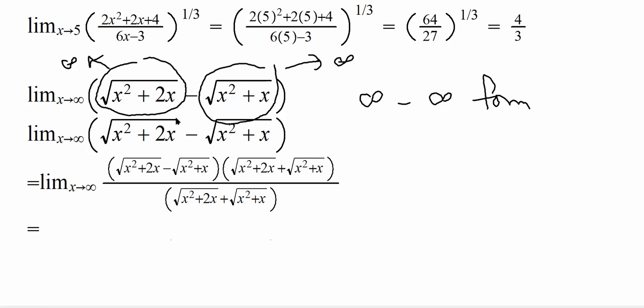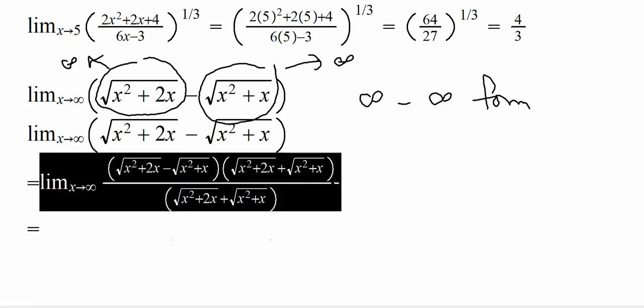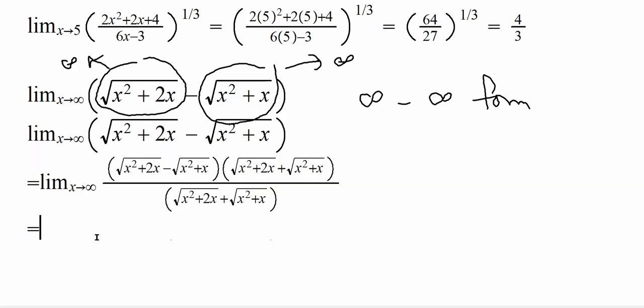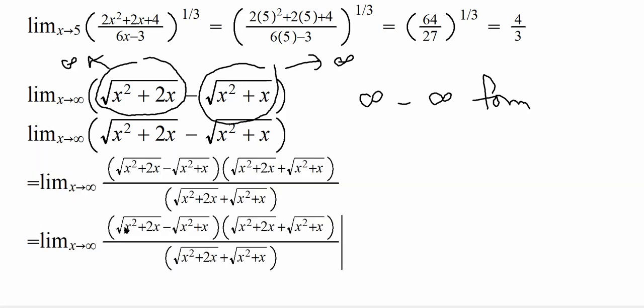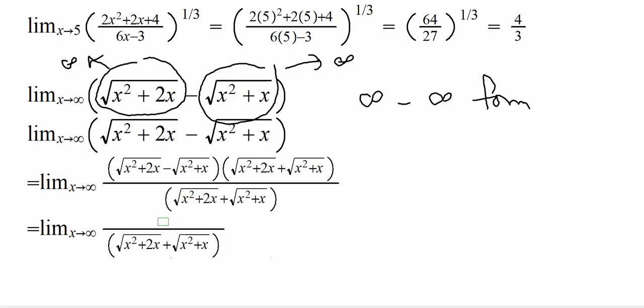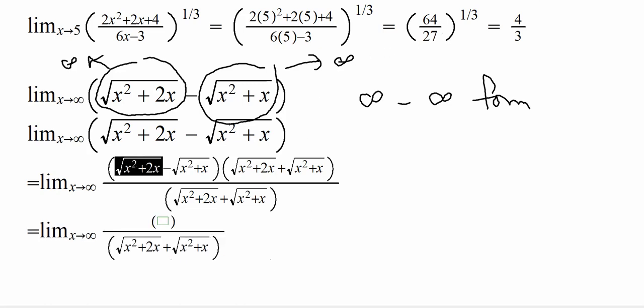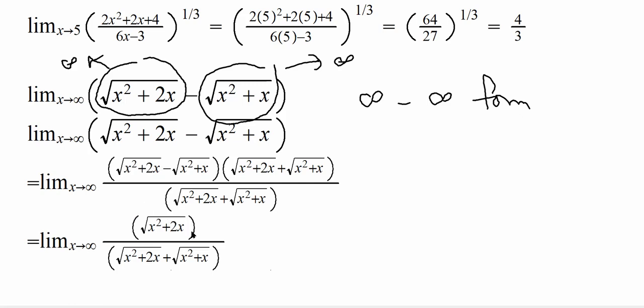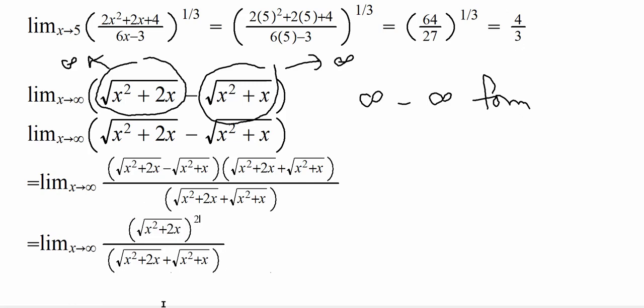Now what will happen is that this is like a minus b times a plus b equals a square minus b square. So what you have here is that you got this product as the square of this quantity, right, minus the square of this quantity here.